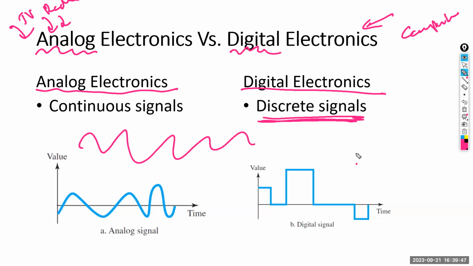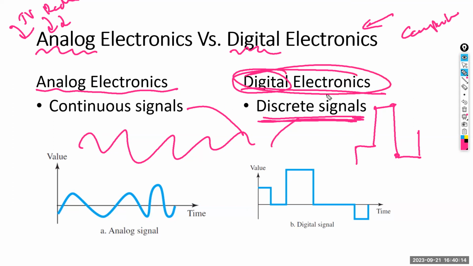Discrete means all of a sudden the energy level changes, not continuously like this. All of a sudden energy goes from this level to that level. So then we call it digital electronic. If a device is generating this kind of signal, processing this kind of signal, or transmitting this kind of signal, it's a digital electronic device. So: continuous signal, discrete signal. Okay.